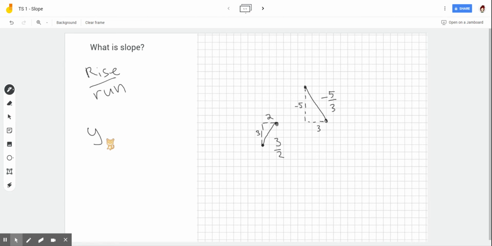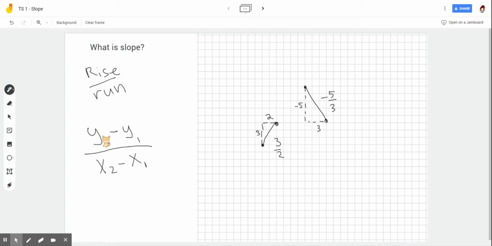So your y coordinates subtracted from each other. It doesn't really matter which one you call coordinate 1 and which you call coordinate 2, but I think it's more common for people to write the formula as y2 minus y1.